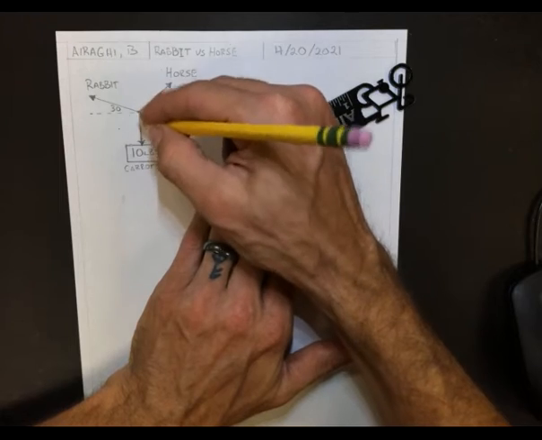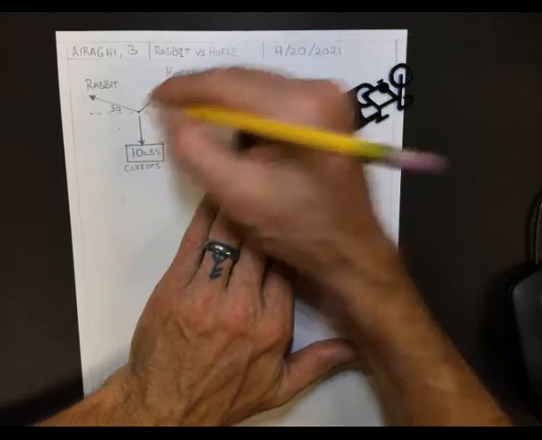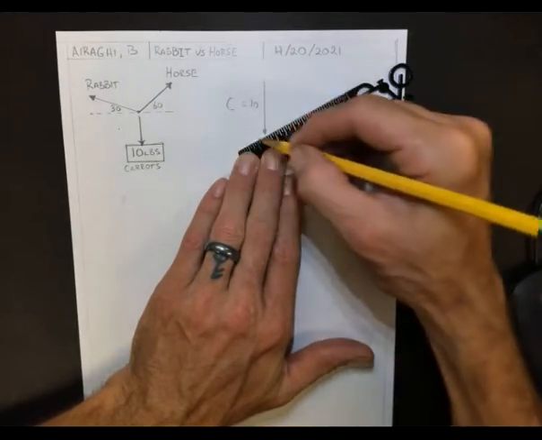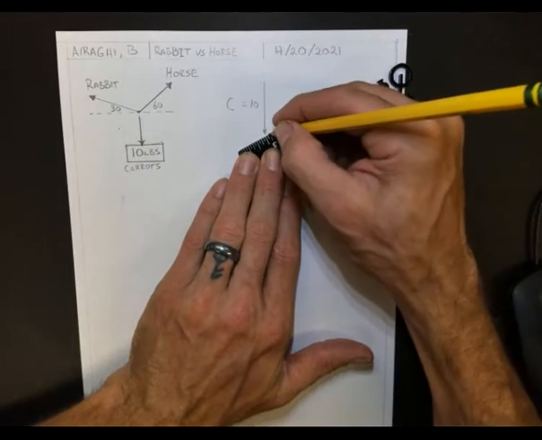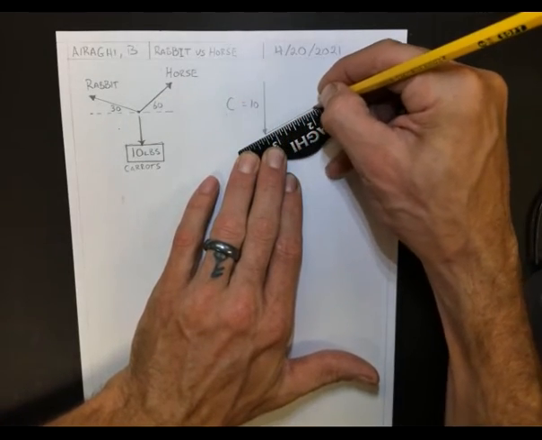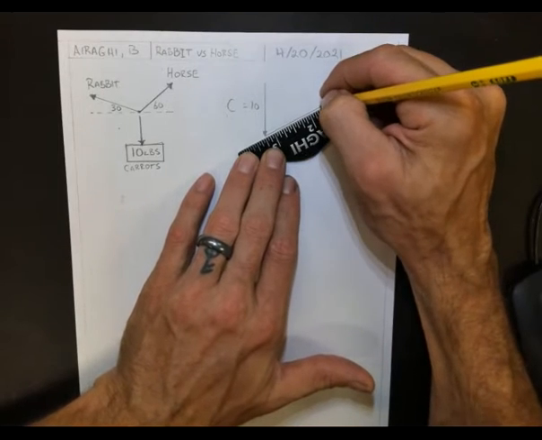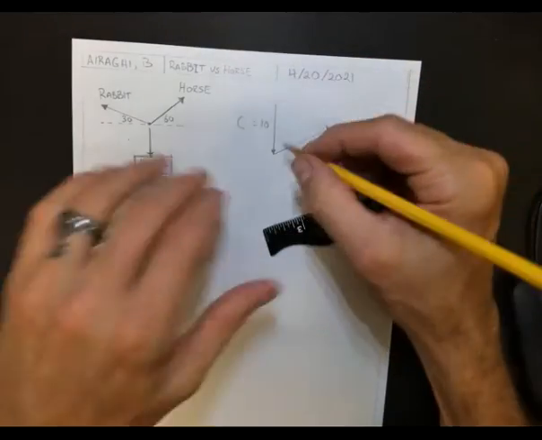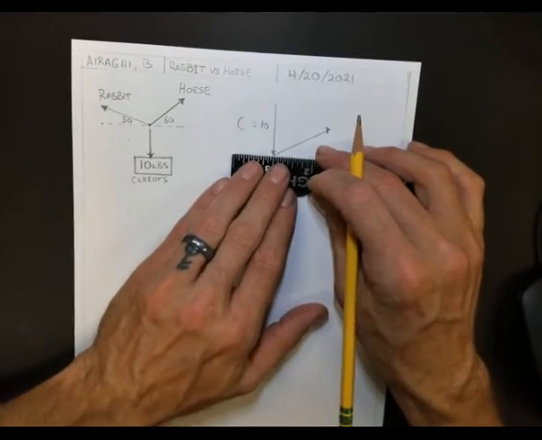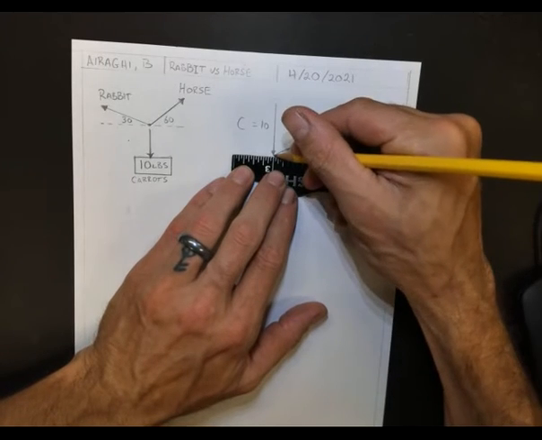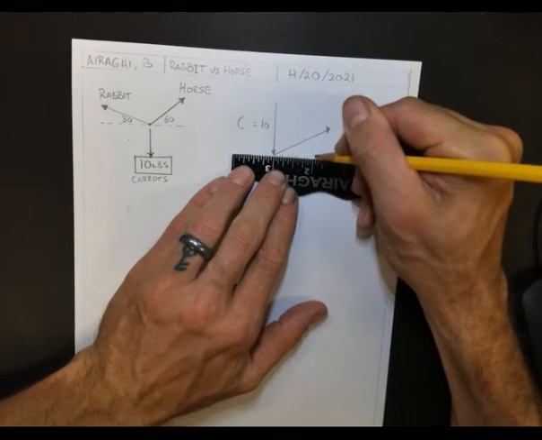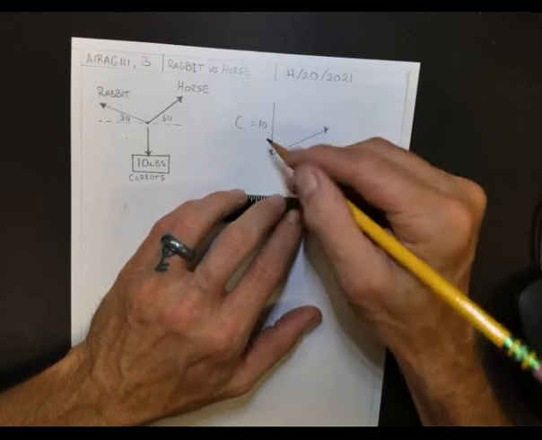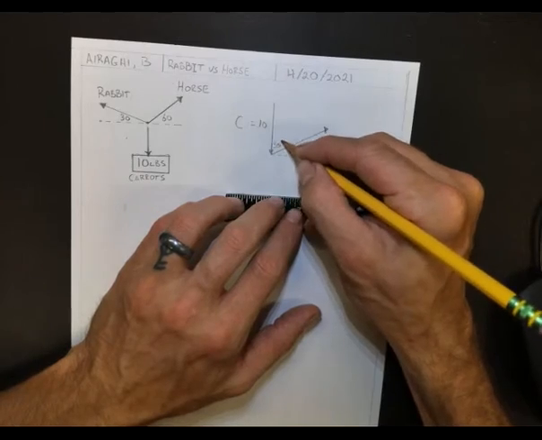I like to do it this way, so I've got this line that comes down here. And at this point, there's only one that goes that way. I could draw my triangle the other way, but I'm using the horse. So I'm going to go out this way, 60 degrees. I should do it this way so you guys can see. So this is 60 degrees, which makes this 30 degrees.